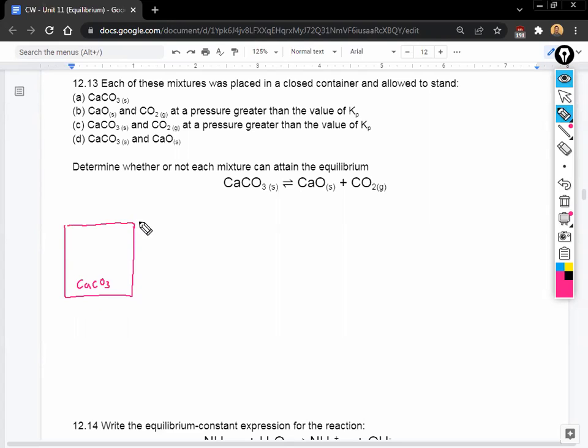Okay, and we learned before that if we have one, it doesn't matter if we have the reactants or the products, eventually CaCO3 will decompose to produce CaO and CO2 until it gets to equilibrium. So for A, the answer is yes. It will go to equilibrium because CaCO3 will decompose into the products.